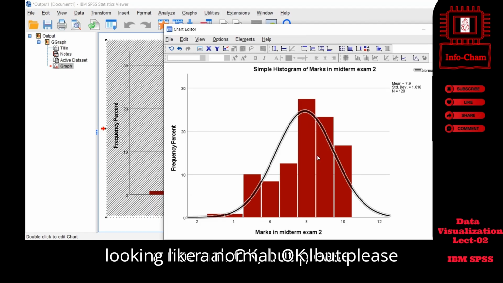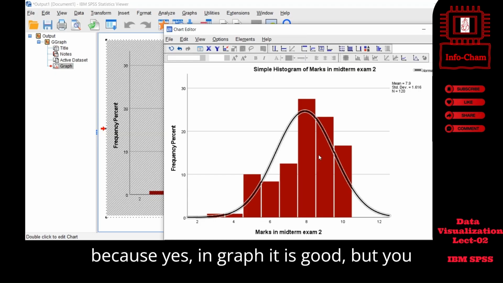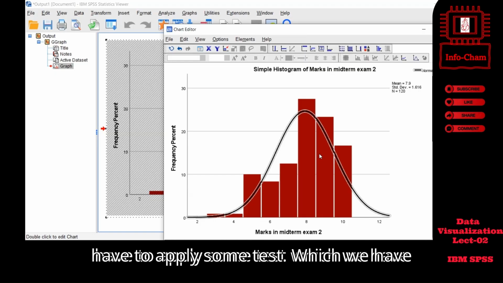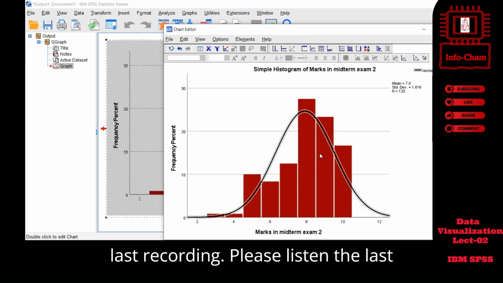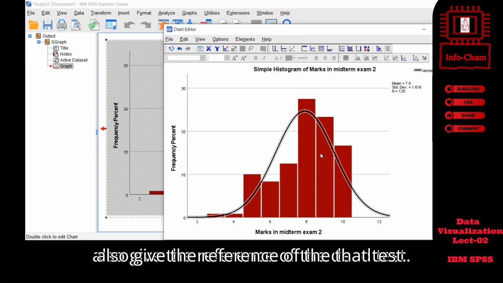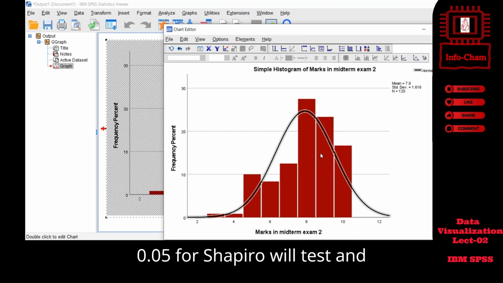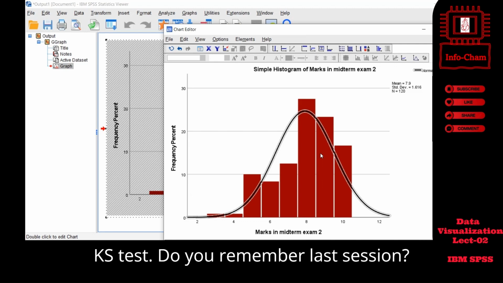But please don't use this graph for analysis, because yes, in the graph it is good, but you have to apply some test, which we did in the last recording. Please listen to the last session where I applied some test, and also give the reference of that test. That value should be greater than 0.05 for the Shapiro-Wilk test and KS test. Do you remember the last session?